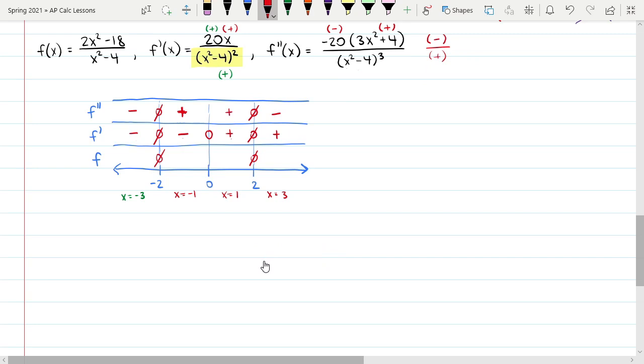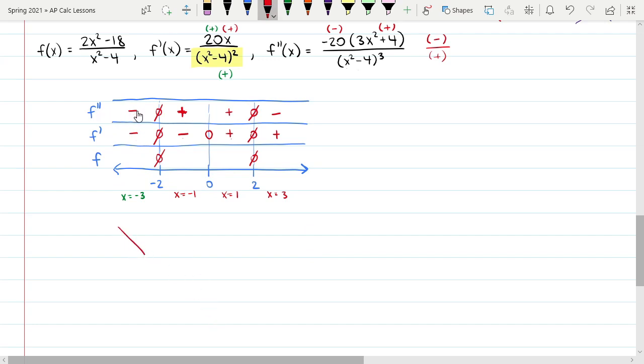Okay, so now we get to go back and think about what we did at the very beginning of the lesson when I showed you those 4 different shapes of graphs and what they meant in terms of increasing, decreasing, concave up, concave down. So in this first interval from negative infinity to negative 2, f prime is negative, which means I know that my graph should be decreasing.